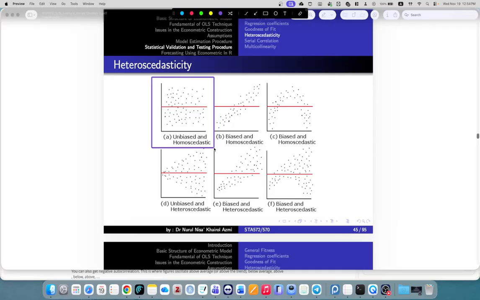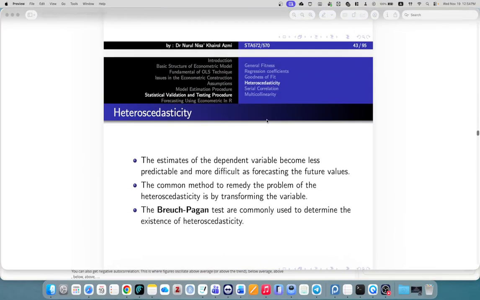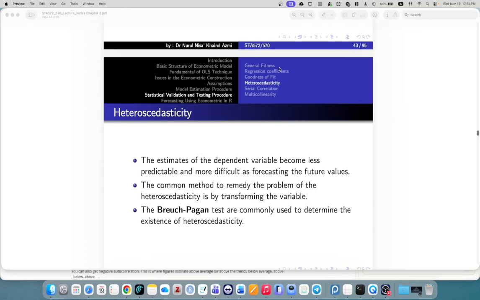Suppose there is a pattern in our model, you have to consider remedying the problem. Besides looking at the plot, we can also use a statistical test, which is the Breusch-Pagan test. What is the remedy of heteroscedasticity?